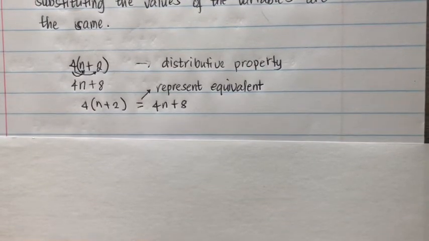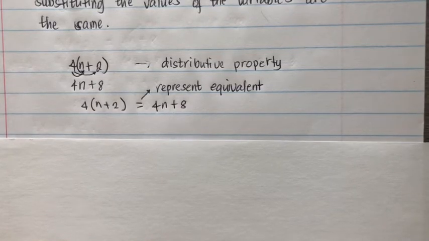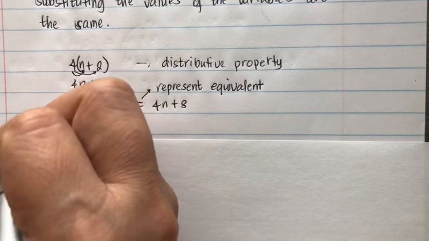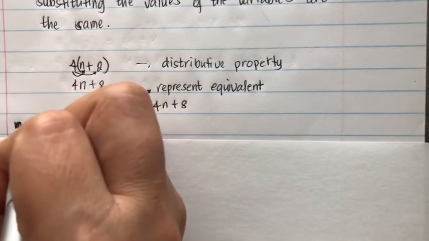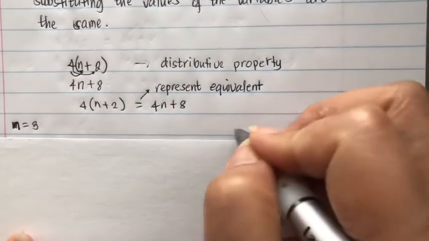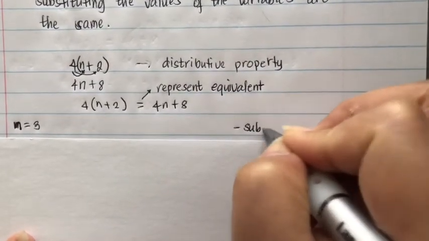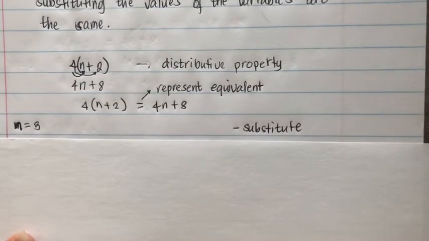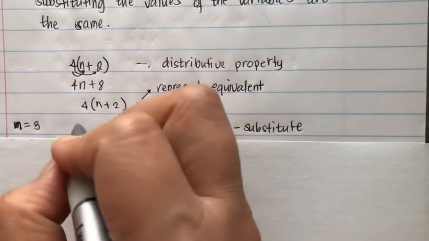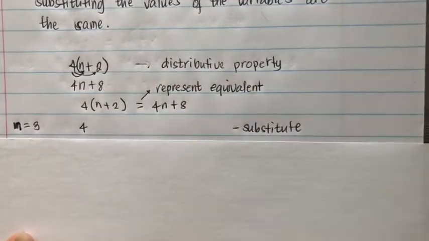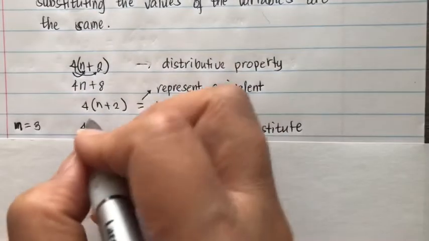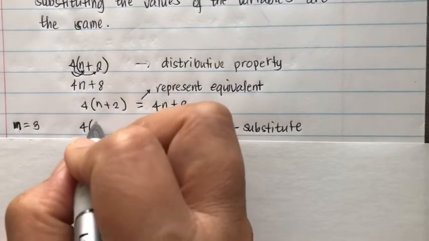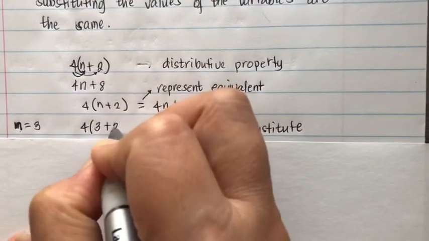Let us give an example. For example, when n is equal to 3, we are going to substitute and see if we have the same value. We're going to start from 4 times quantity n plus 2. So n is equal to 3. If we substitute that, this becomes 4 times 3 plus 2.